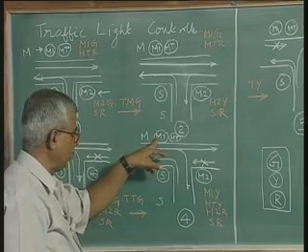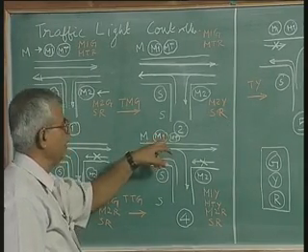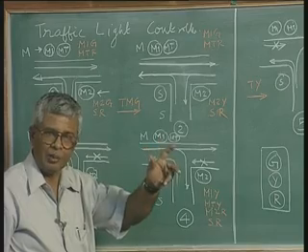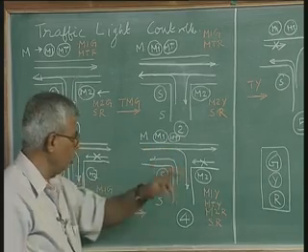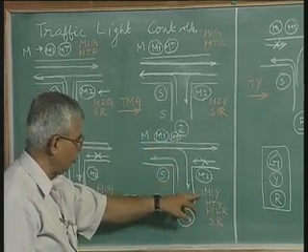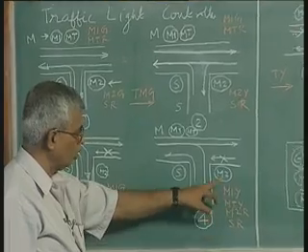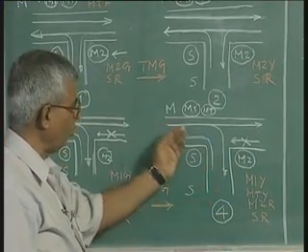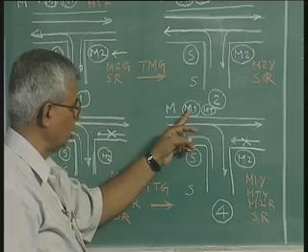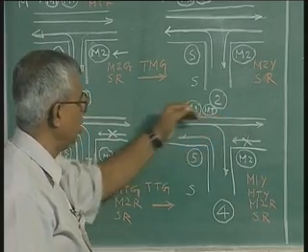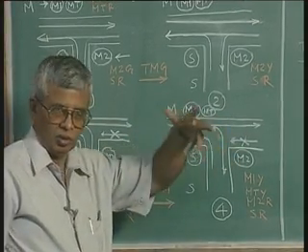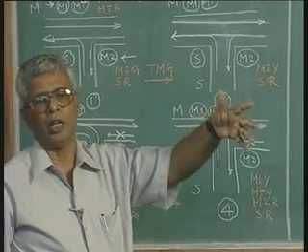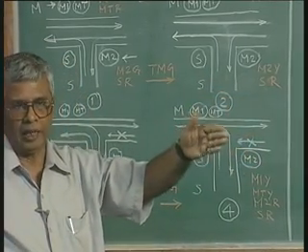The main should be red, MT should be red, but both cannot be made red immediately, they have to go through yellow. So, this state makes M1 yellow, M2 yellow, while this continues to be red. This is the condition in which there is a warning to the main road users, whether they are going directly or turning: now the light is going to be switched to red, so be careful.